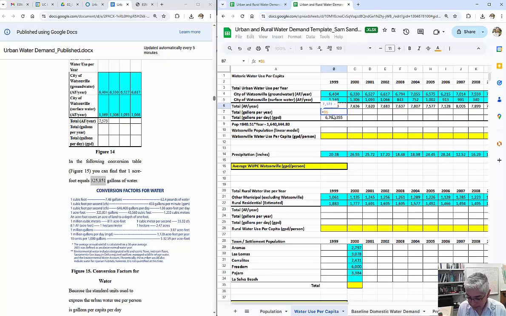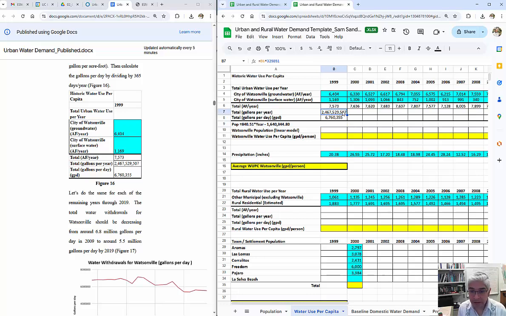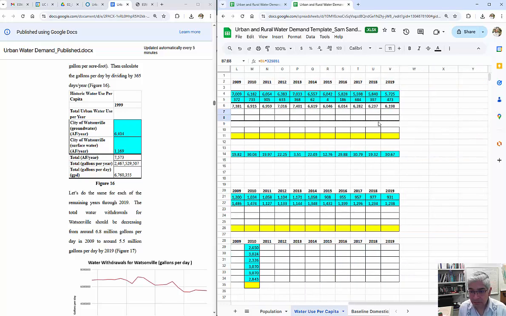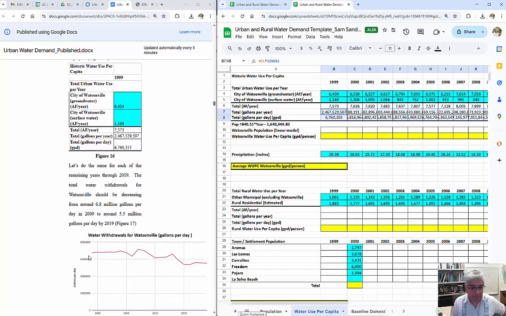So if you multiply this times, there you go. And because this is in gallons per year, if you divide this over 365, you get that number. Once we have it like that, you can go here when you see that the cursor changes from this arrow to that cross. That's one way of copying things. So now we have all those values calculated.